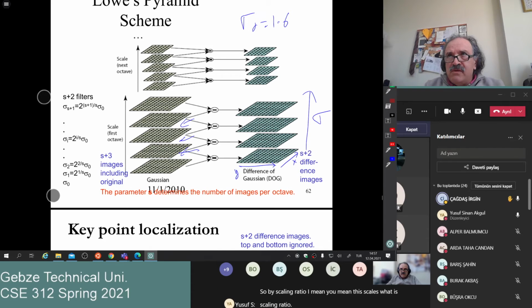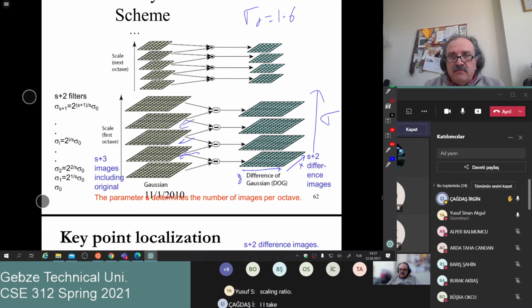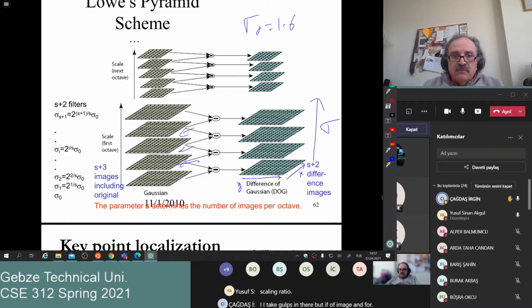I take the Gaussian derivative of the image, and to obtain the difference of scaling of this point, I need to use another scaled version of it, but I understood it wrong.